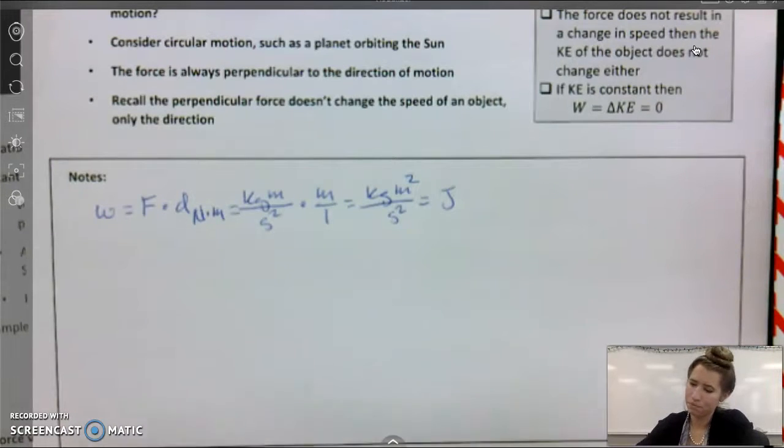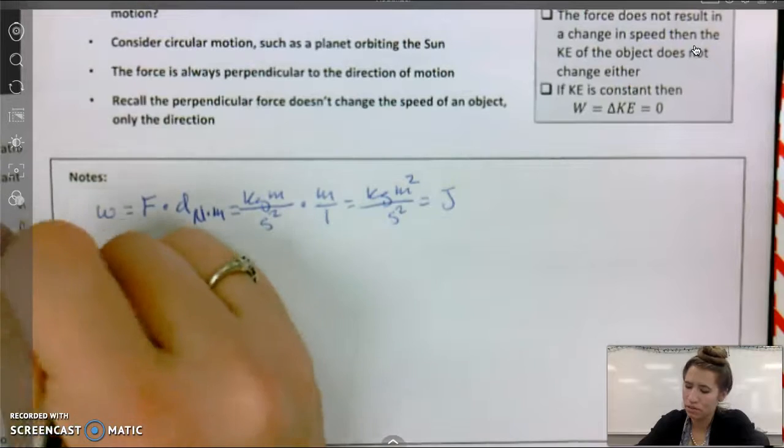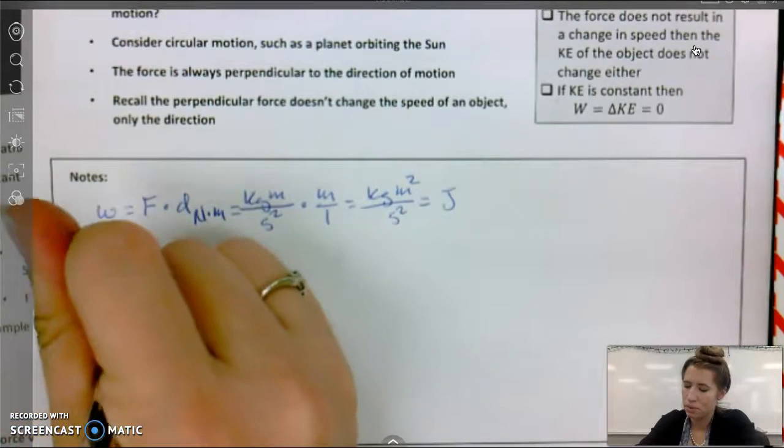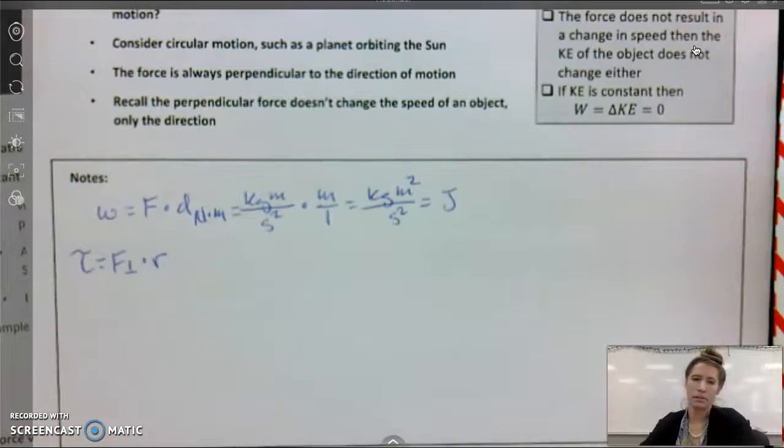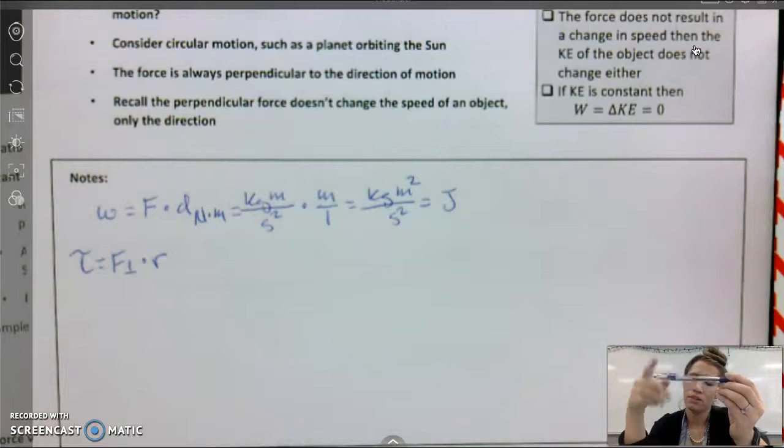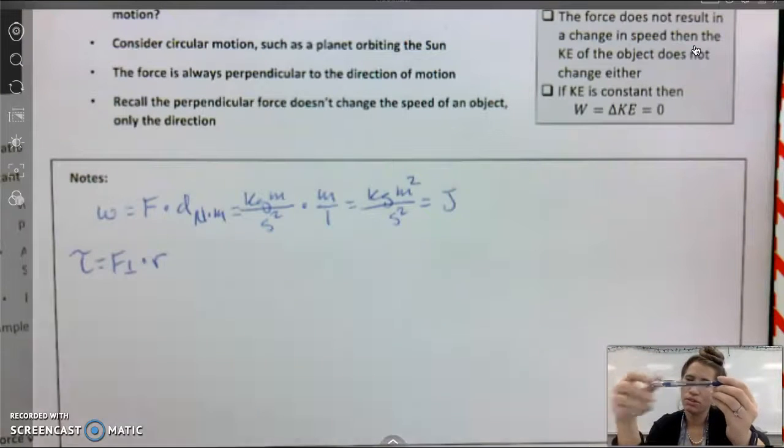So reminder, torque was force perpendicular multiplied by R. So if this pen, if I apply a perpendicular force at a distance away from the point of rotation there, we get angular displacement, but not linear displacement.